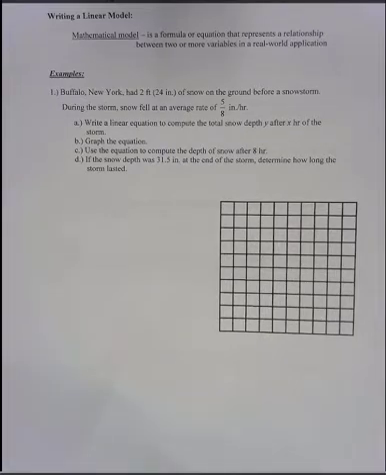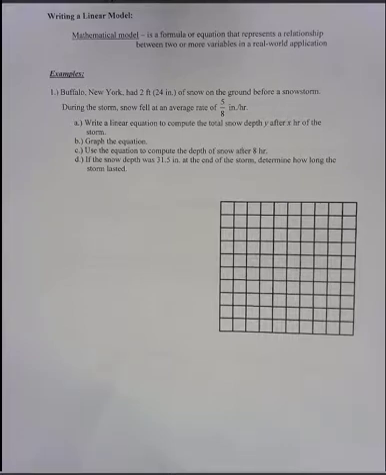Buffalo, New York had 2 feet of snow on the ground before a snowstorm started. During the storm, snow fell at an average rate of 5/8 of an inch per hour. Our job is to write a linear equation to compute the total snow depth, y, after x hours of the storm.